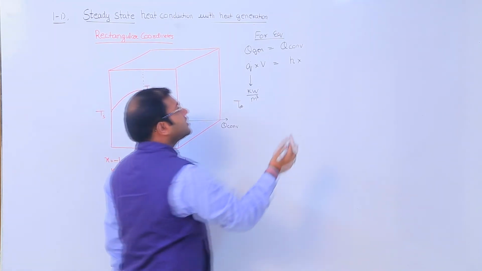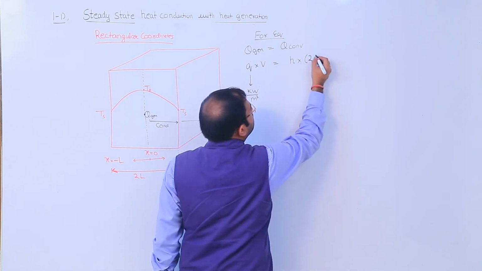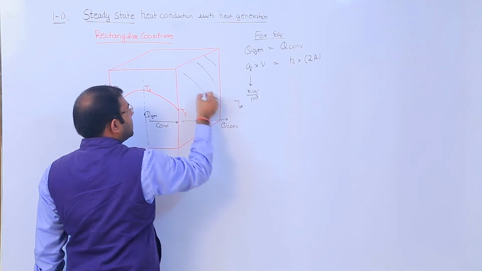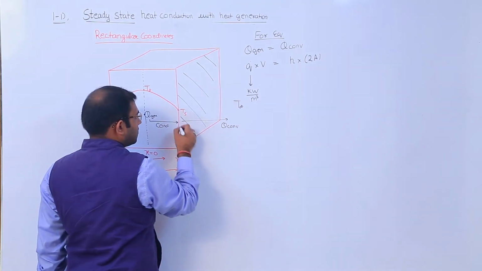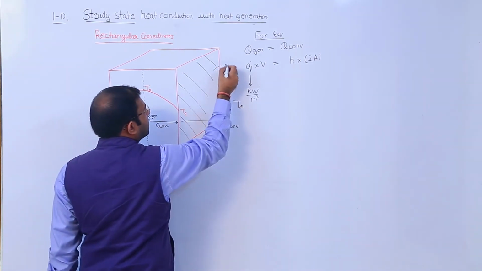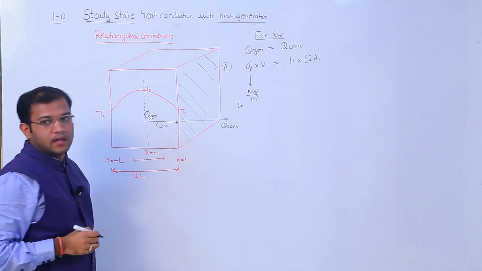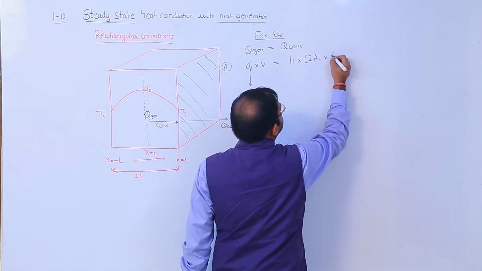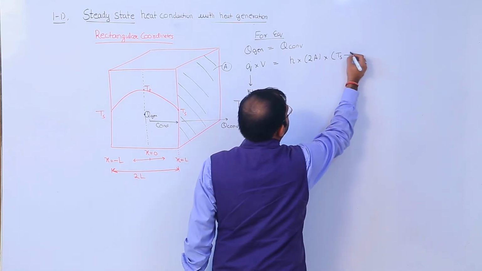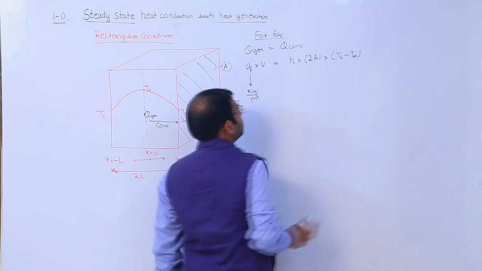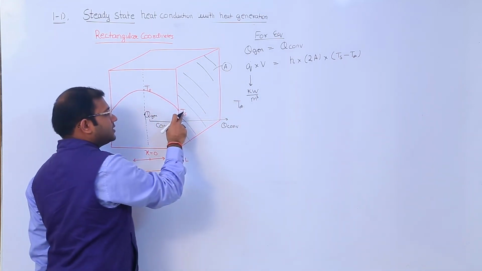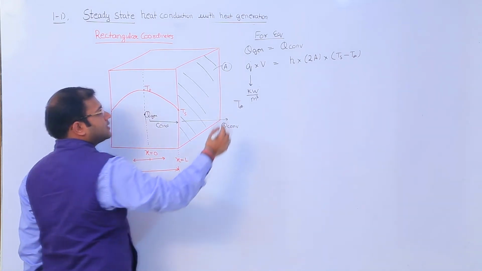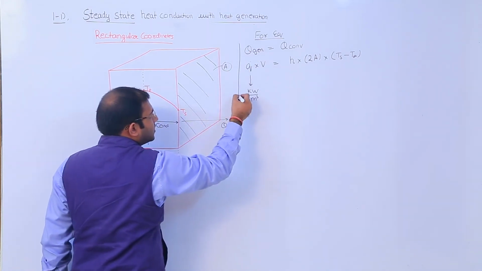So, the total surface area will become 2A, where this is nothing but area A. And what is the temperature difference? Ts minus T infinity. This is the temperature Ts at the surface and ambient air temperature as T infinity. Fine.